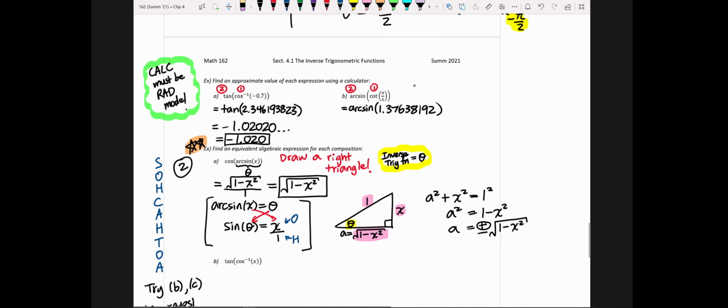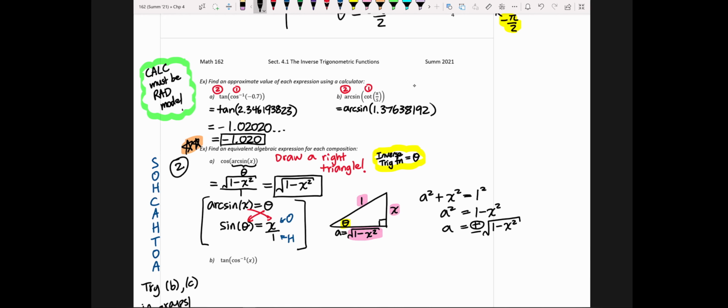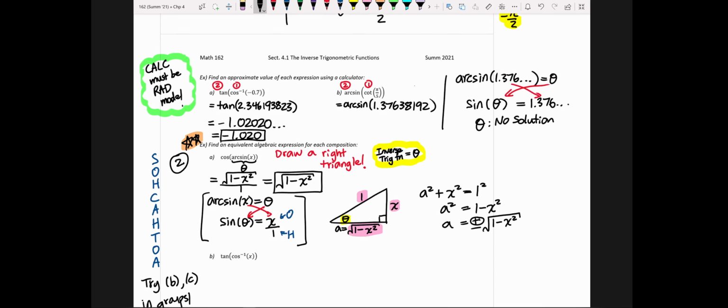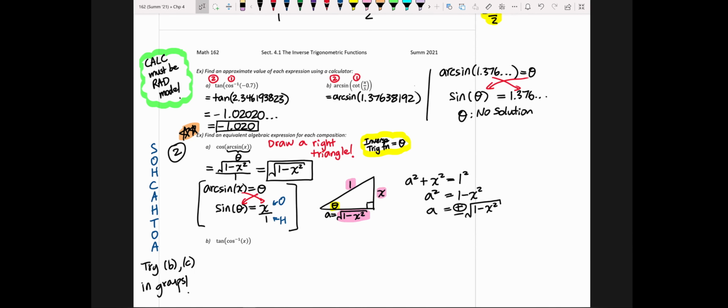And the reason why you get an error message is because, off to the side here, if you take arc sine of 1.376 dot dot dot, remember the inverse trig function is theta. So when we go from arc sine to sine, inputs and output switch, we see that there's going to be no solution for theta. Because think about the graph for sine. The range for sine is between negative 1 and 1.